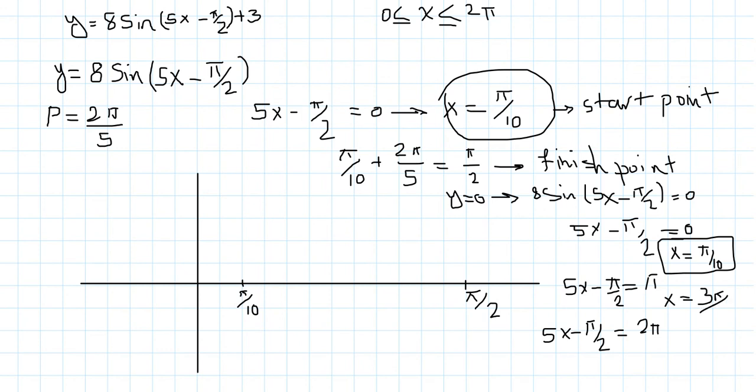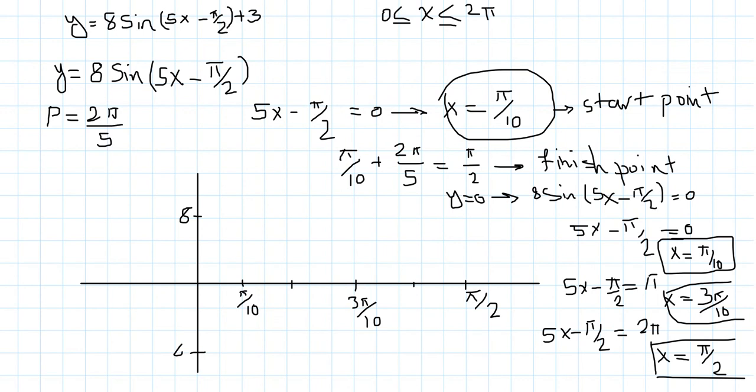The next intersection with the x-axis, here x is pi over 2. These are the points that I can show on the graph: pi over 10, 3 pi over 10, and pi over 2. I need 2 points between them to draw the graph, and easily I know here it will be 8, because I don't have shift on y-axis, so I write my amplitude here.